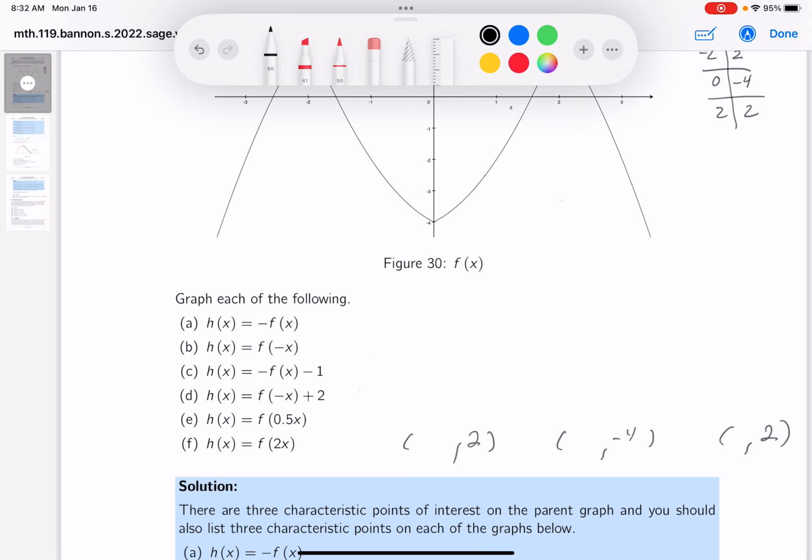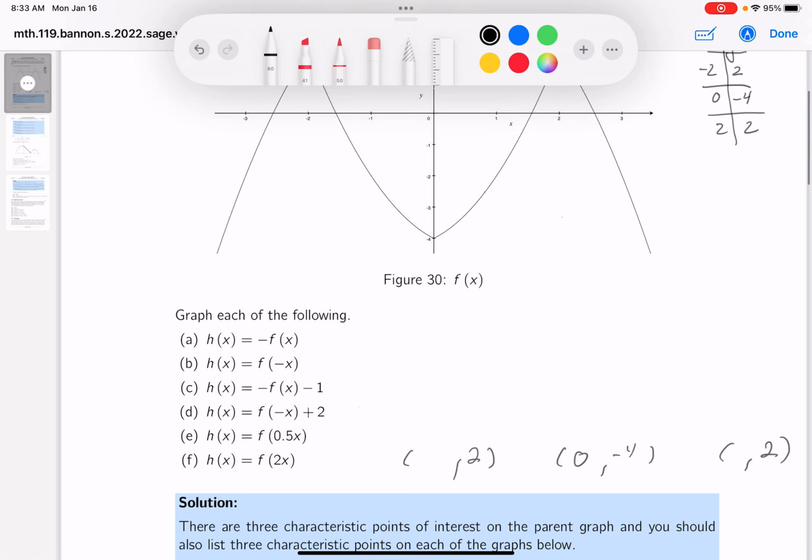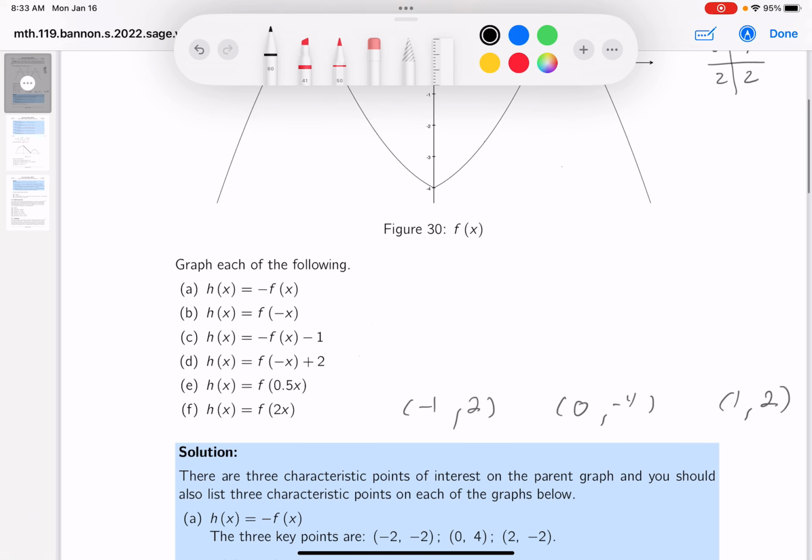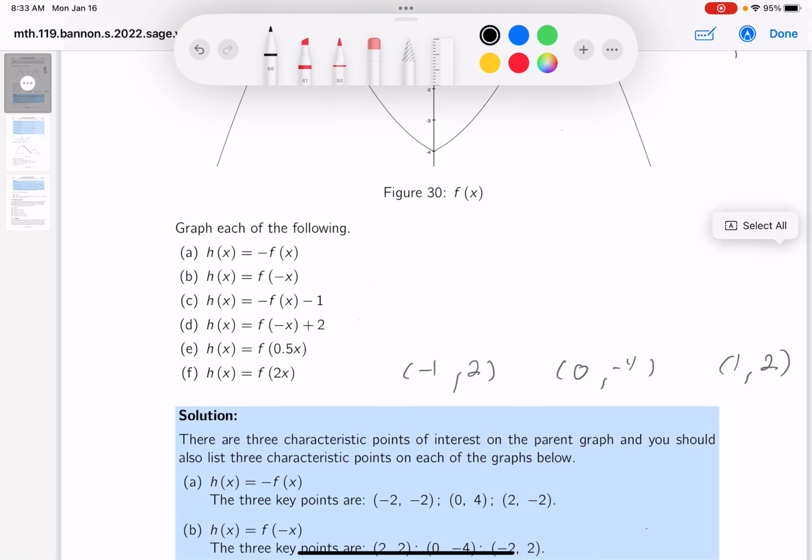But something's happening to the x, and certainly this is simple because 2 times 0 is still 0. This would be minus 1 because 2 times minus 1 is minus 2, just like the parent, and this would be 1, all right? And again, if this is an exam question, I would just do kind of a picture over here and see what it looks like. And there is a compression to the problem, but let's take a look.